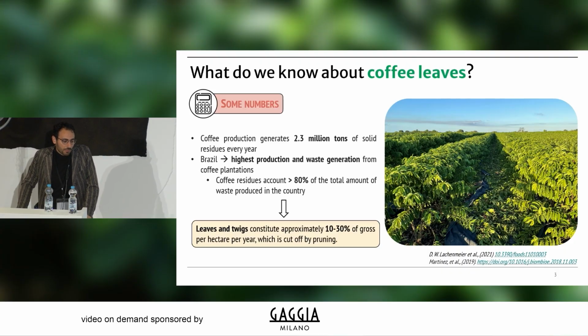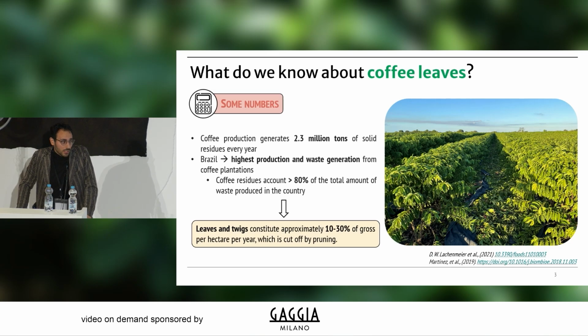Coffee in general produces more or less 2.3 million tons of solid residues every year. For example, Brazil, which is the highest in production of coffee, is also the highest in waste generation.